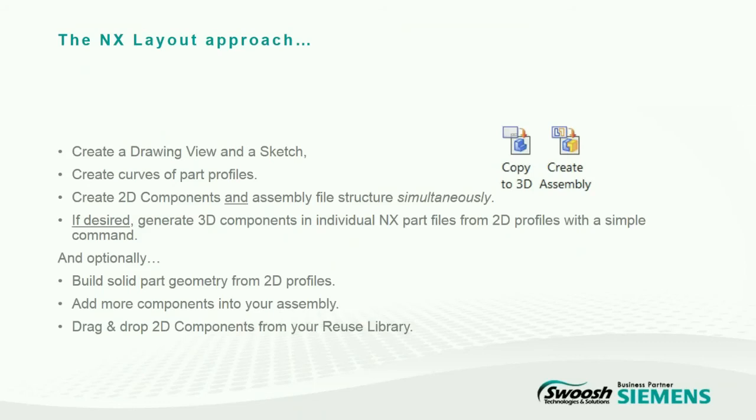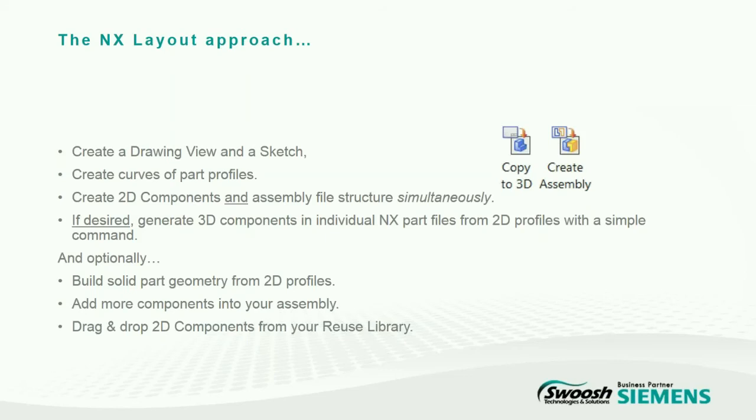As you get to a level of satisfaction with how many of those you've created, or you've created all of the 2D components, then it's a matter of simply clicking on a button to say create assembly or copy to 3D, and it creates that assembly structure automatically for you, meaning individual part files are created that are all .prt files that contain the geometry of those 2D components that you defined.